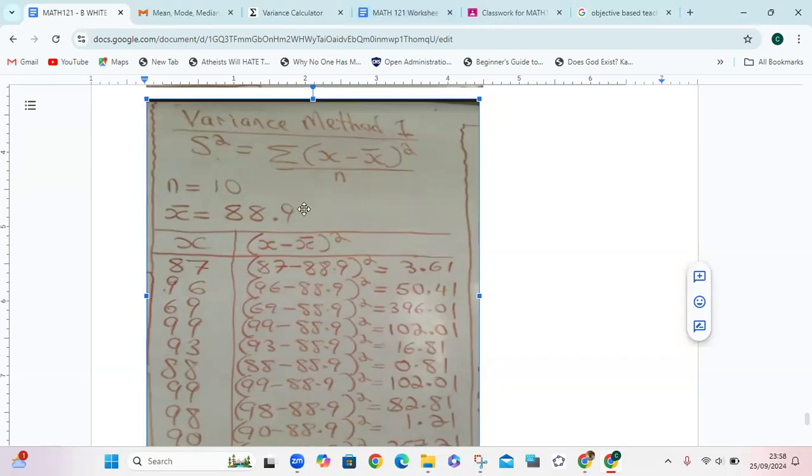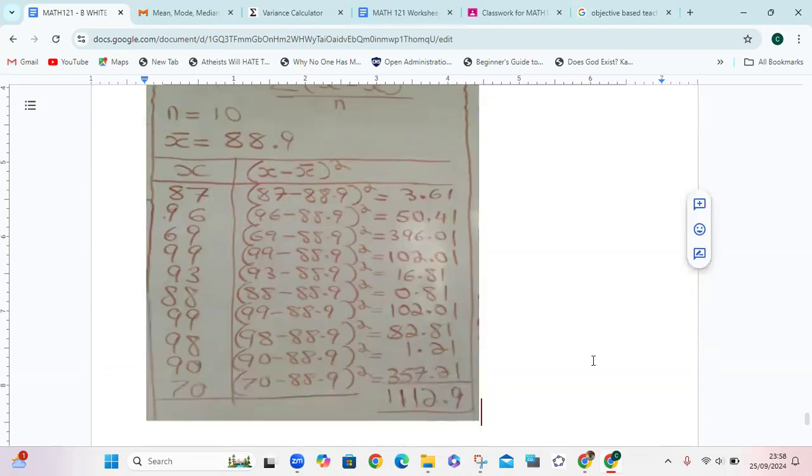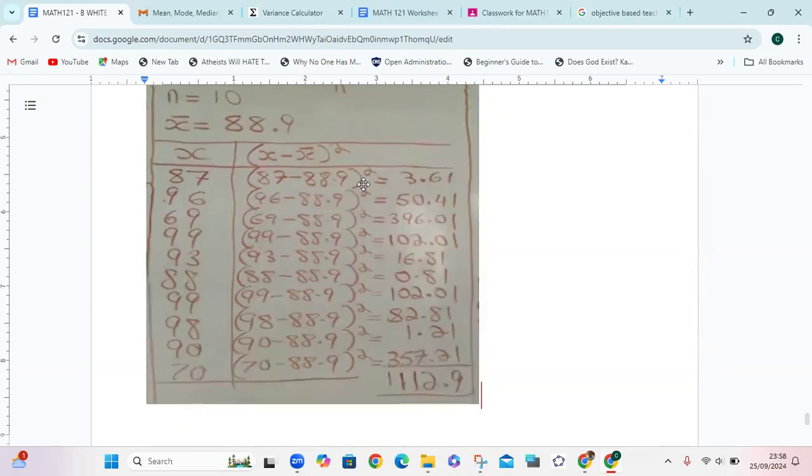So as indicated, you've got to subtract the mean from each data value. Here it is done. And then square. The mean, we have calculated it to be 88.9. After this is done for each data value, then addition took place to give us 1112.9.